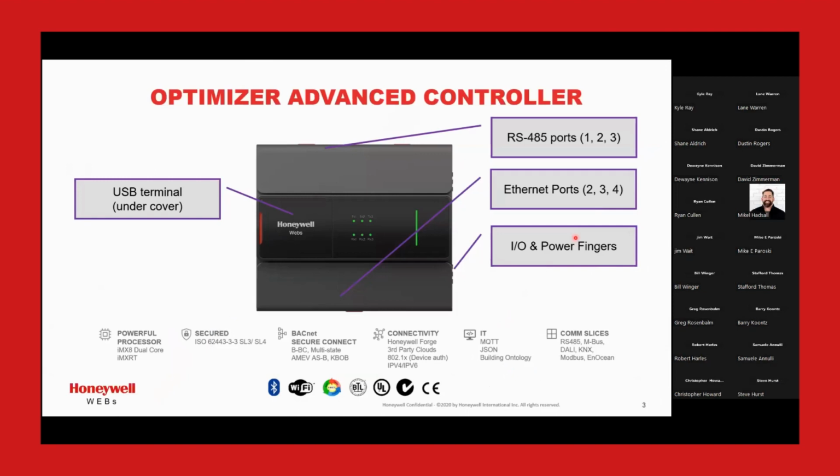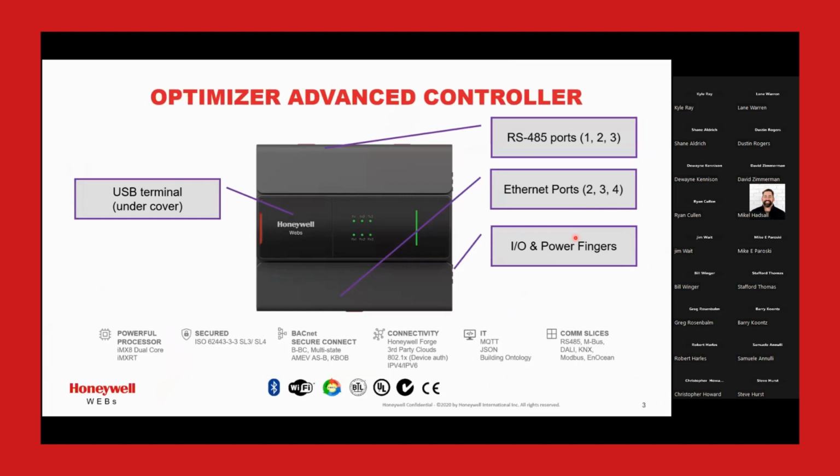The Optimizer Advanced is kind of a cross between a Jace and a Cyper. You're going to see some feature functionality crossover between them. And I don't want you to be confused with the new Jace 9000, which is the Tritium generic next generation controller. This Optimizer Advanced is the Honeywell branded next generation controller.